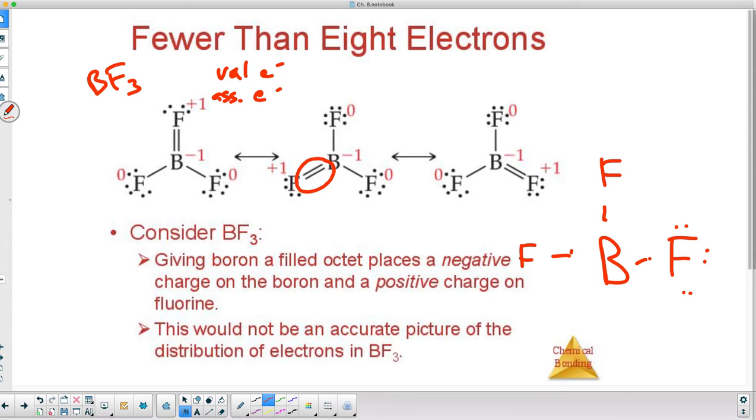It says giving boron the filled octet places a negative charge on the boron and a positive charge on the fluorine. This is the problem. There is no positive charge for fluorine. Fluorine is the highest in electronegativity, which means it always wants to have the negative charge. So this is not a viable option or one that is accurate.